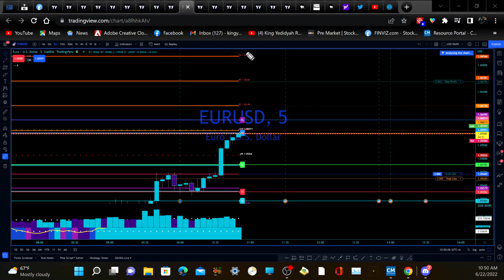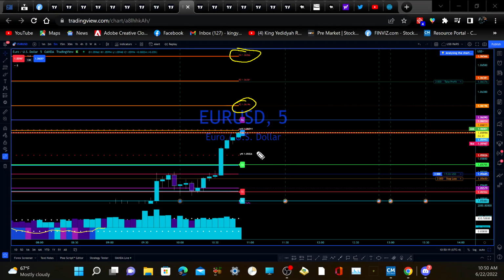Now R4, which is up here, the probability of that isn't as high as, let's say, R2, right? Like when you're having a bullish run, the probability is higher to get to R2 than it is to get to R4.